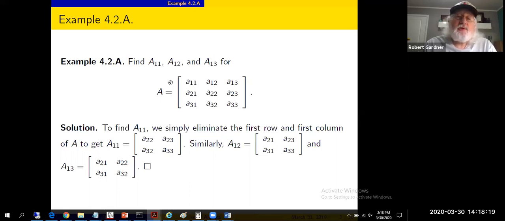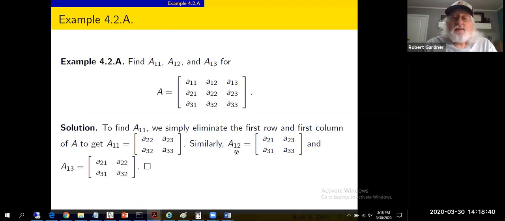We've seen this kind of pattern before in the definition of the determinant of a 3 by 3 matrix. For capital A sub 1,2, the minor matrix, we'll eliminate the first row and the second column, ith row, jth column. And that'll leave us with 4 entries, A21, A23, A31, A33.